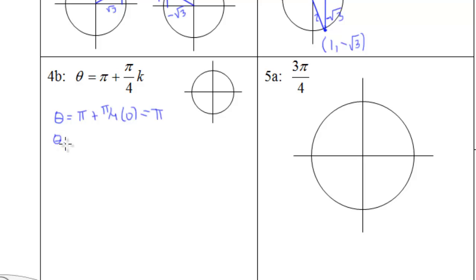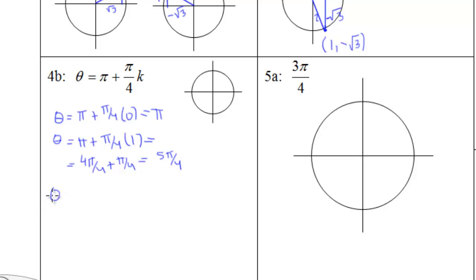The next one gets a little more interesting. Pi plus pi over 4 one time. So that equals 4 pi over 4 plus pi over 4, or 5 pi over 4.